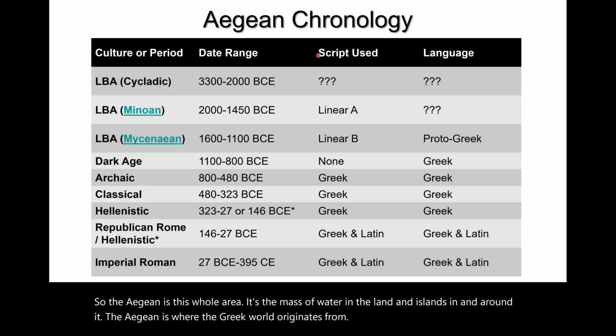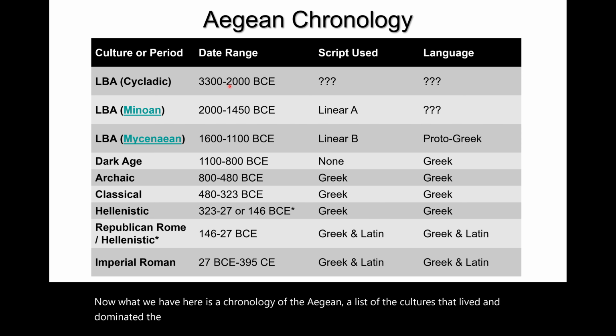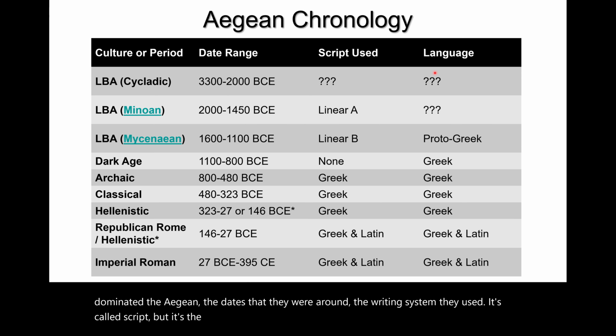Now, what we have here is a chronology of the Aegean, a list of the cultures that lived and dominated the Aegean, the dates that they were around, the writing system they used, it's called script, and the language that they spoke and wrote in.